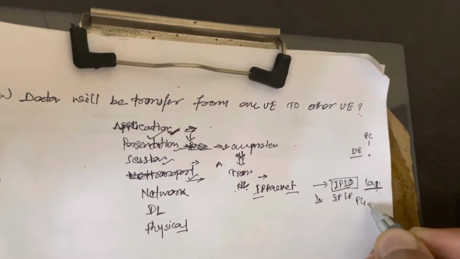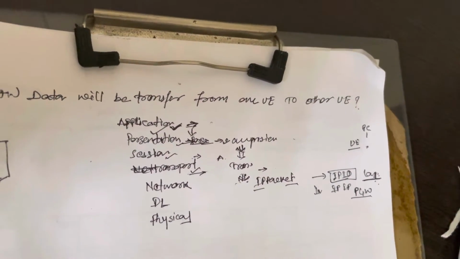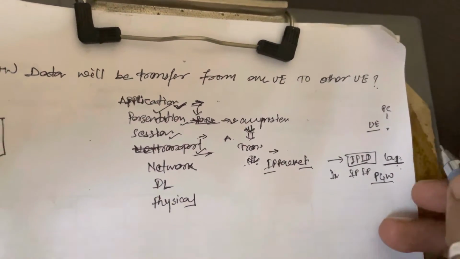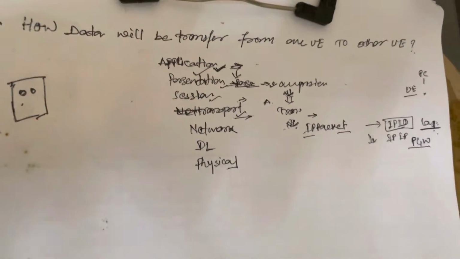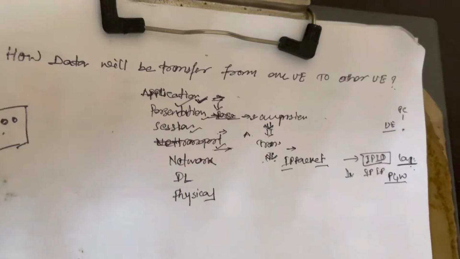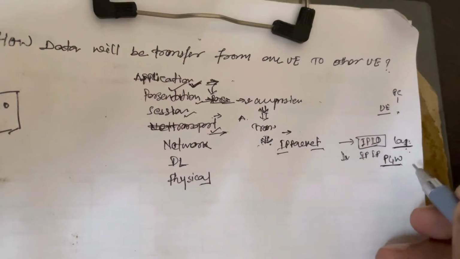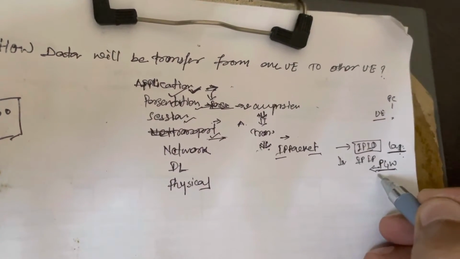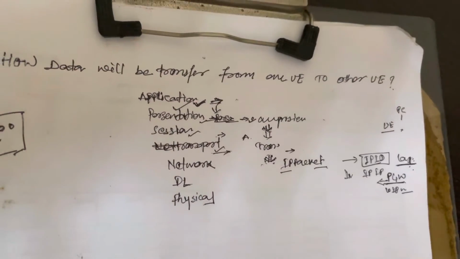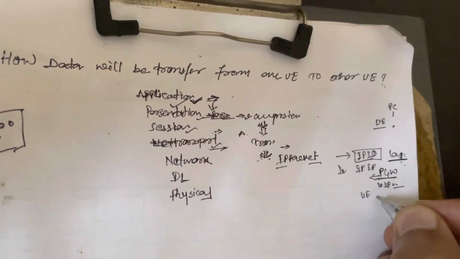Only the PGW, right? Everyone knows about the PGW. In the LTE architecture, everyone knows the meaning of the PGW and all. If you don't know, then I will tell you in another video and you can understand it easily. But for now, consider that you know about the PGW. The PGW is responsible to generate the IP address for every UE. But the UE can't directly communicate with the PGW.